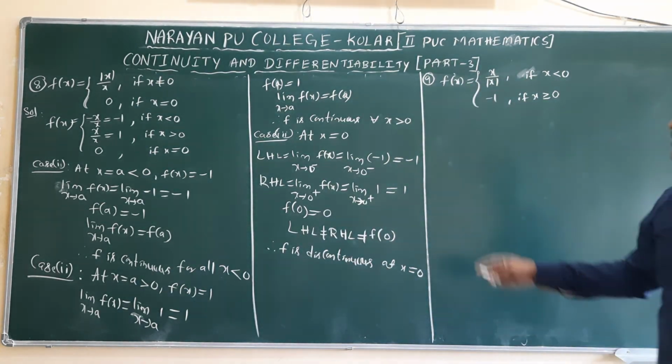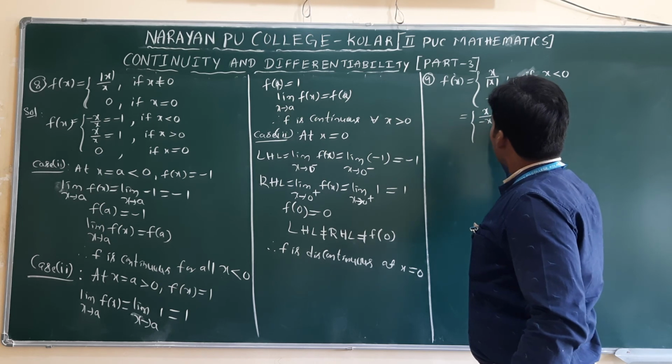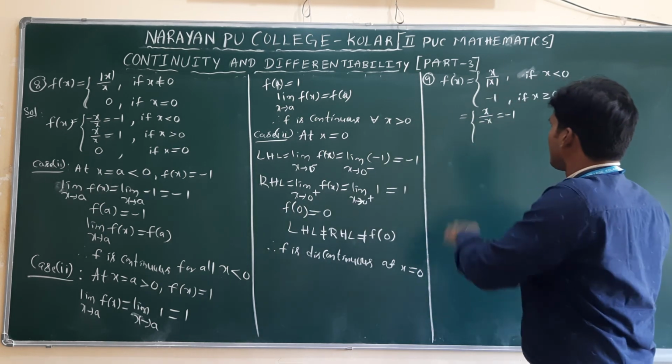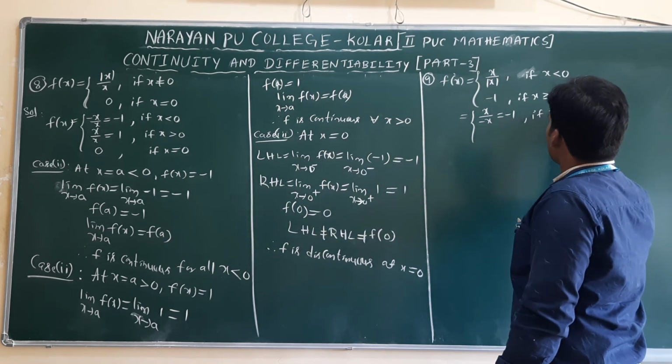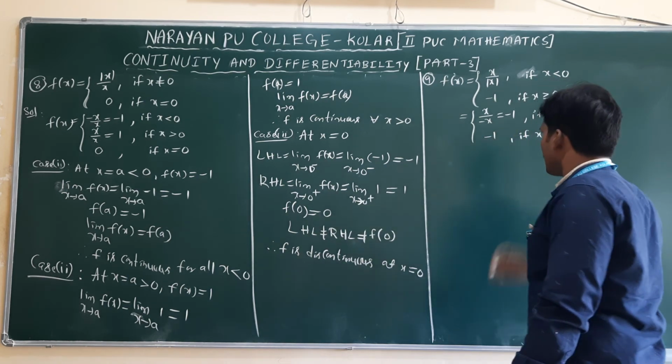For less than 0, mod x becomes what? Minus x. x by minus x, what will you get? x cancels, minus 1. If x less than 0, minus 1; if x greater than or equal to 0.